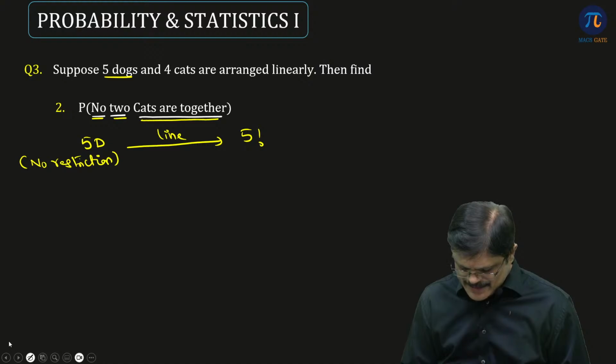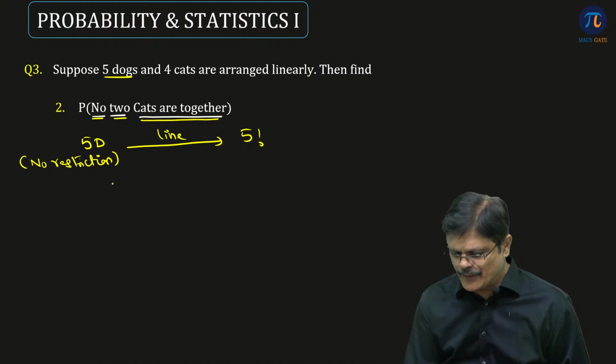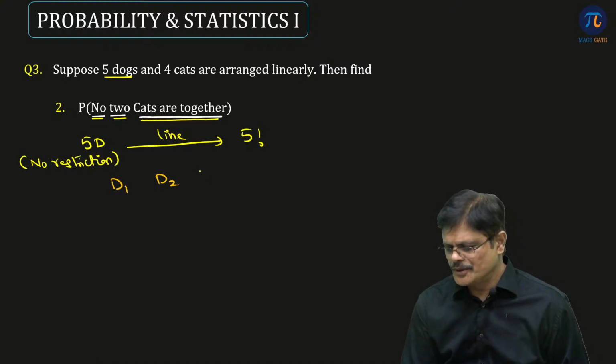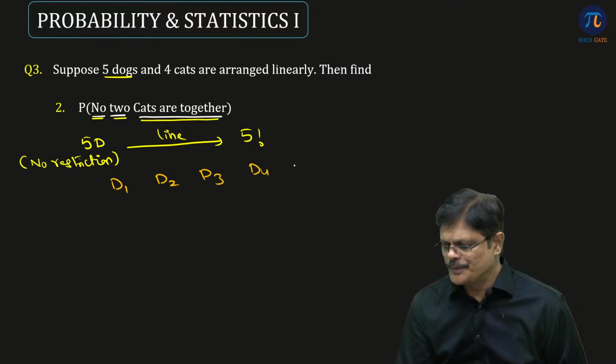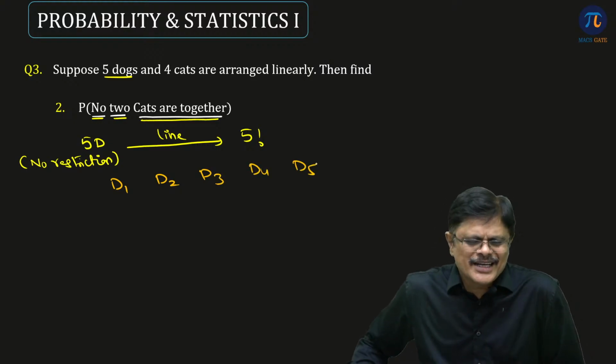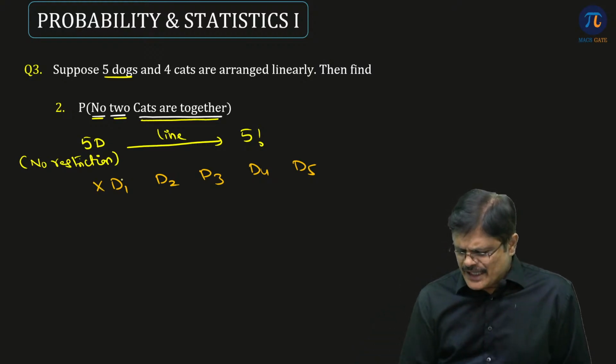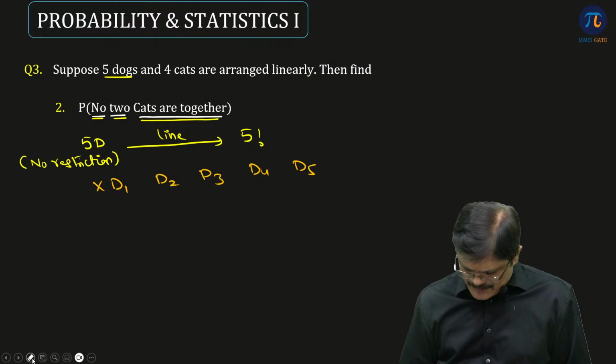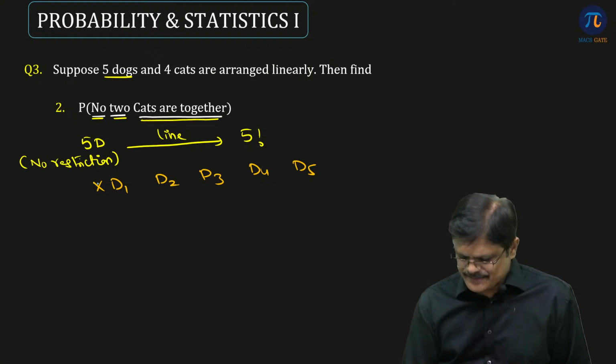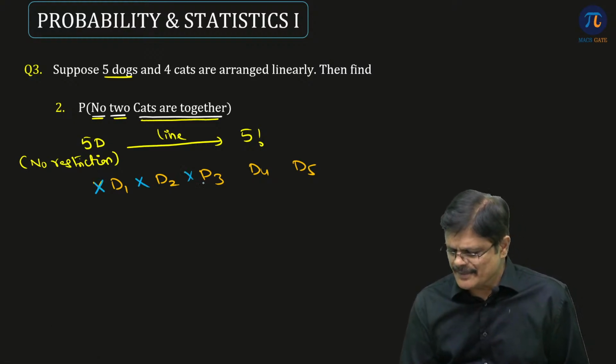So here it may be something like this. You may have dog 1, dog 2, dog 3, dog 4, dog 5. What is it that you want? No two cats together. If you see, you can find some gaps.